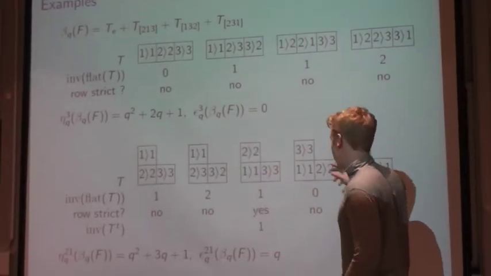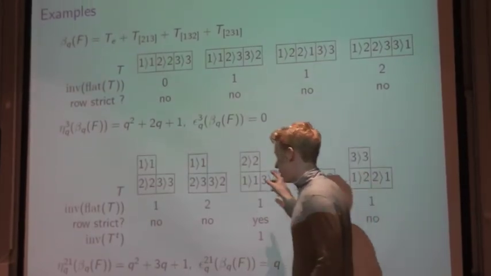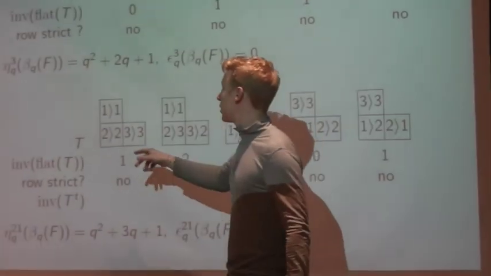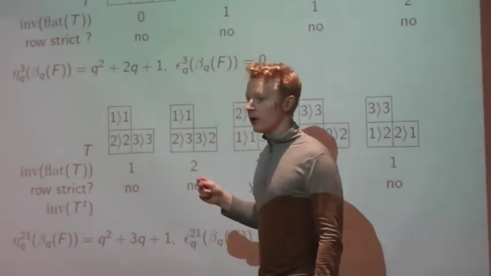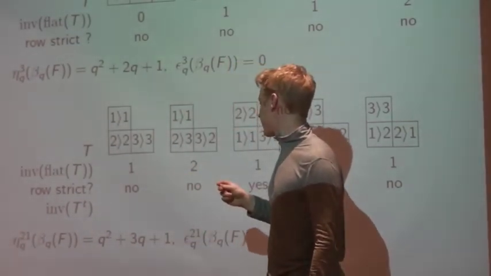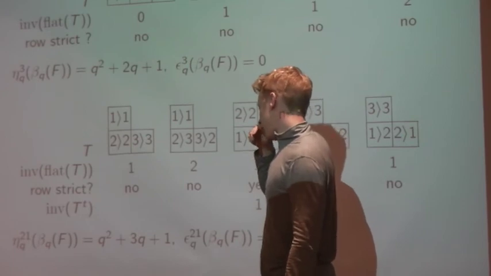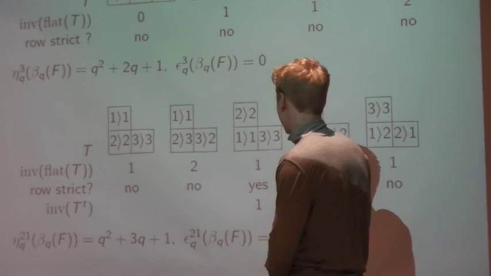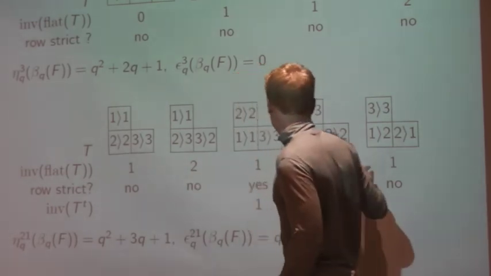And down here, again, here are all of the canonical row closed tableaux of shape 2-1 for that planar network, and here's the number of inversions in them.